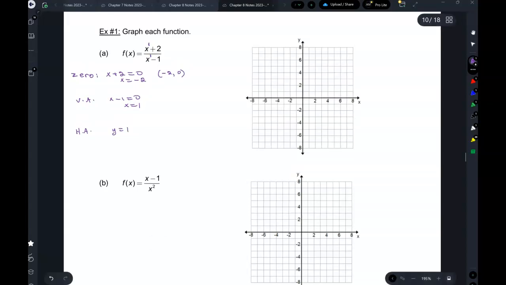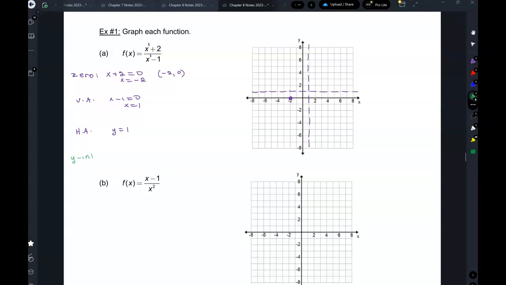Okay, so let's put what we have in there so far. So I have y equals 1. I have x equals 1. I have -2 comma 0 as my 0. One other thing I would like for you guys to find is the y-intercept, okay?